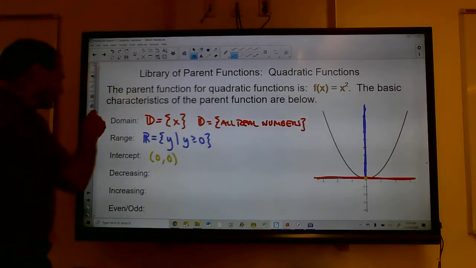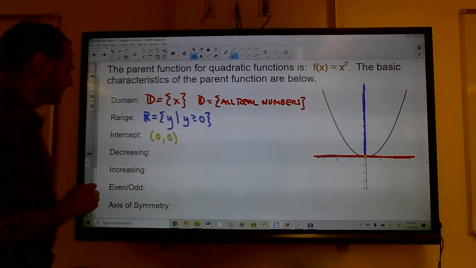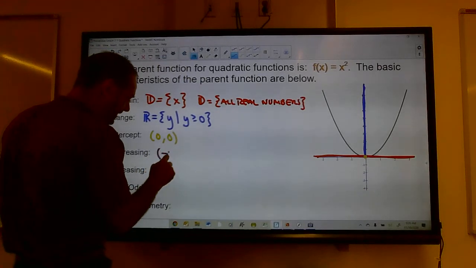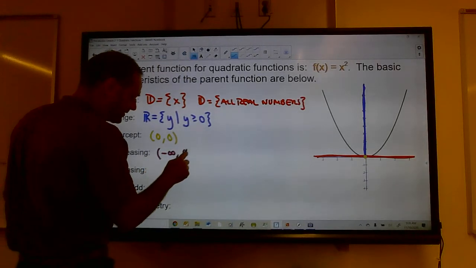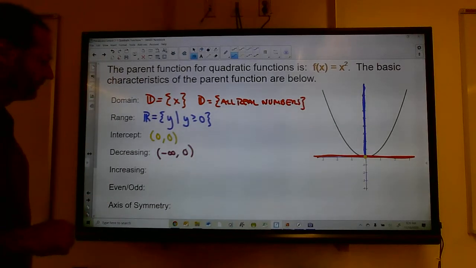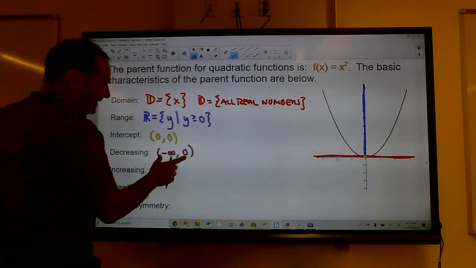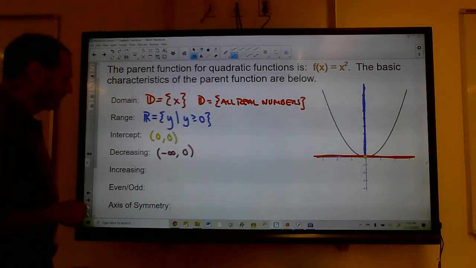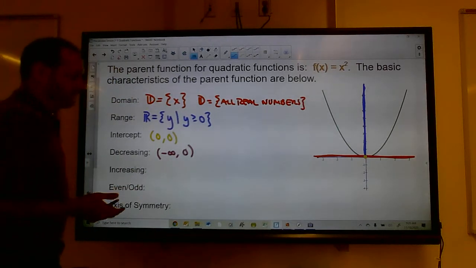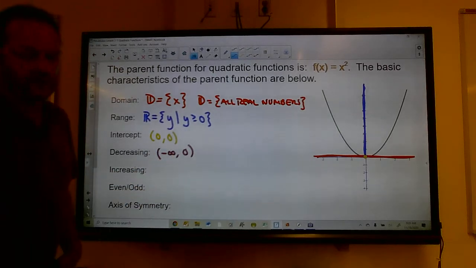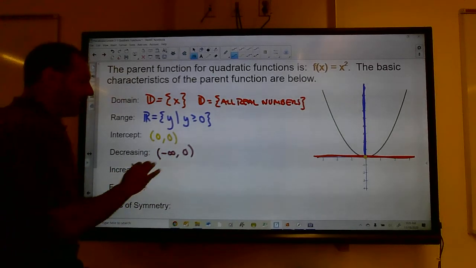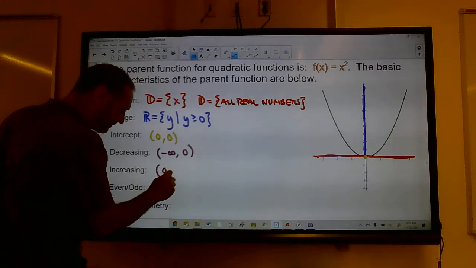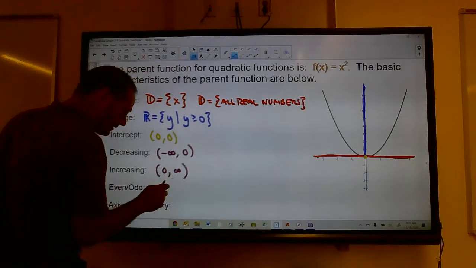So we're going to use interval notation. We say this thing is decreasing on the interval negative infinity to 0. Now, this is interval notation. This is not a point. Your clue here, besides context, would be infinity, because you can't have a point that has infinity in it. And it's increasing from 0 to infinity.